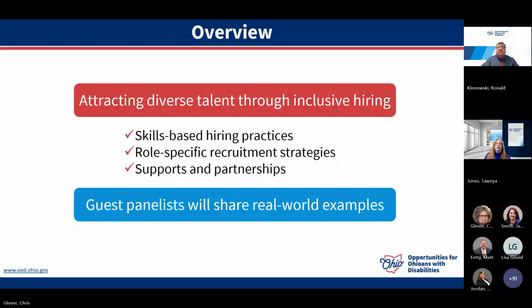So let's wait for the poll to come through, get some answers here. And it looks like number 2, unintentional barriers in job postings and the application process, is about 29%, and difficulty connecting with disability-focused talent pipelines or networks.